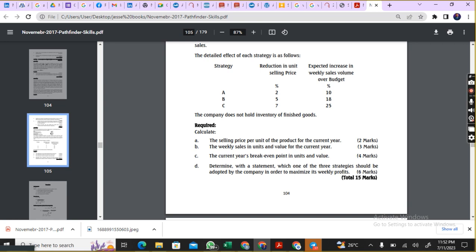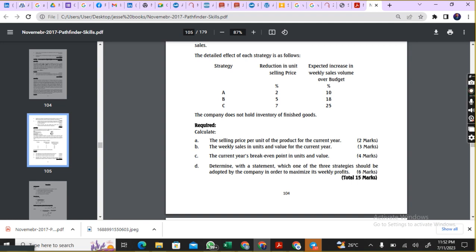But in some questions, if the selling price was not given, there is one formula someone can make use of, if I can remember, if the selling price was omitted.